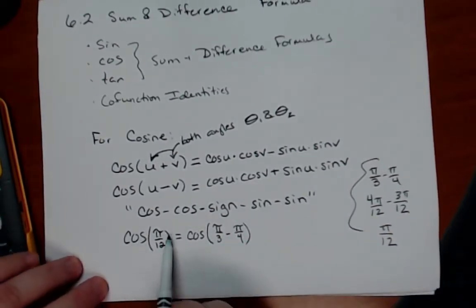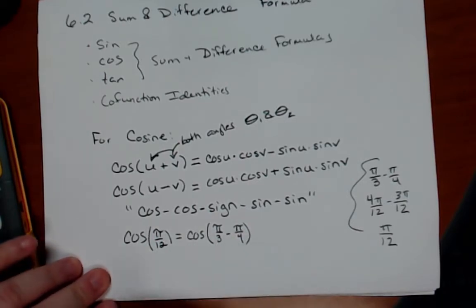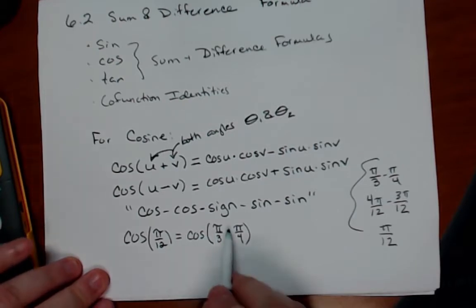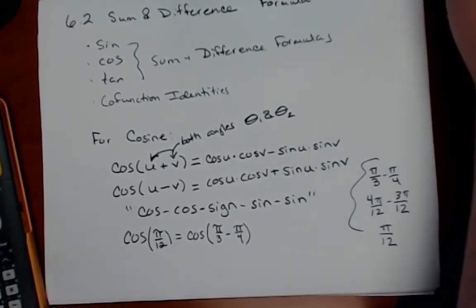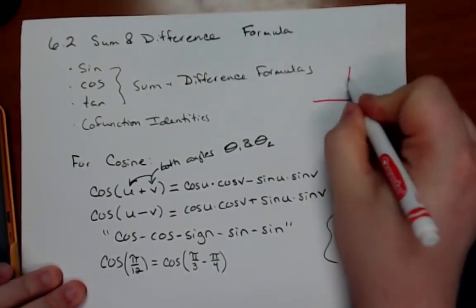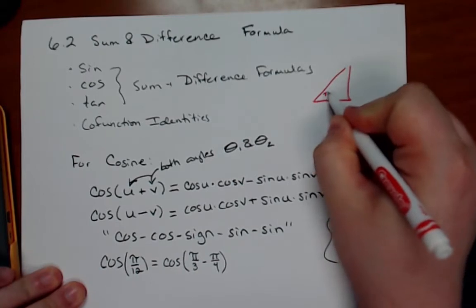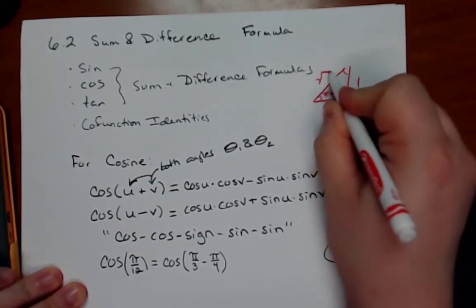And so the cosine of pi over 12 is exactly the same as cosine of pi over 3 minus pi over 4. And now why do I care that I can write it as pi over 3 and pi over 4? Well, I'll write up here in the corner our two important triangles. We have our pi over 4 triangle, which is our 1, 1, root 2.